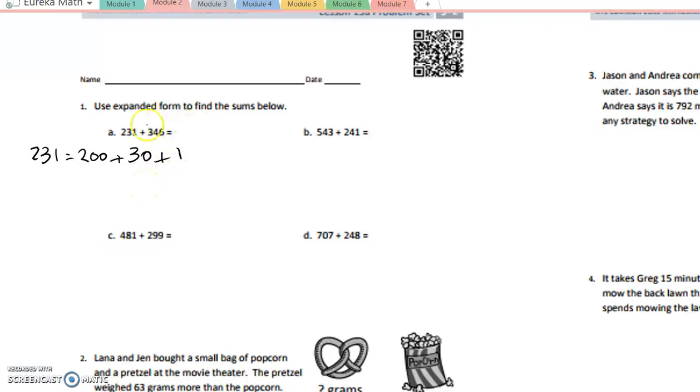Okay? Then we do the same thing for the other addend. So you're working with vocabulary here. Addend is a number you add together in an addition problem, and the sum is the answer to the addition problem. Okay? So I just blew up or expanded 231 into its pieces.